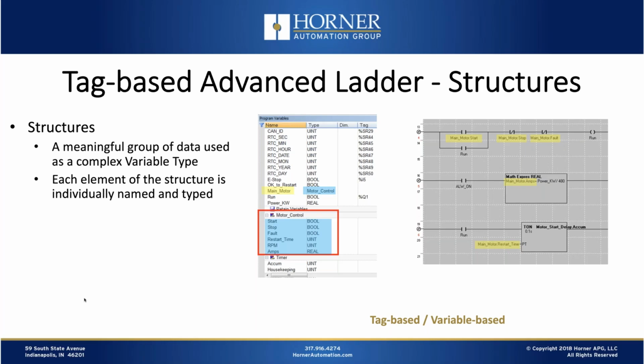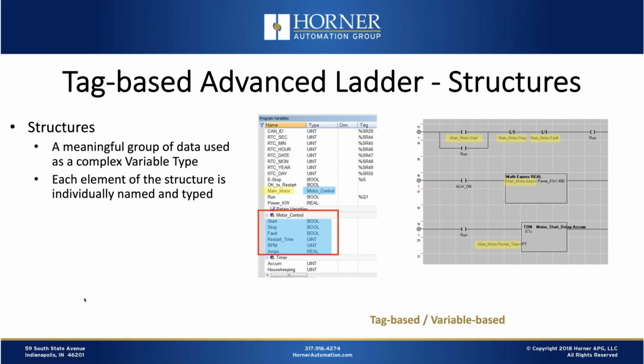So let's take a look at that center graphic there inside the red box. So what I've done there is I'm showing the creation of a structure called motor underscore control that has 6 different elements in it. Okay, and they're a meaningful group of data. That's what makes them a structure.